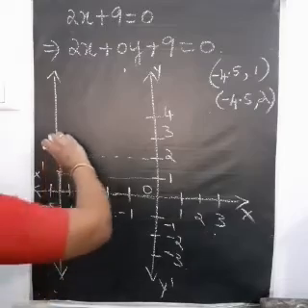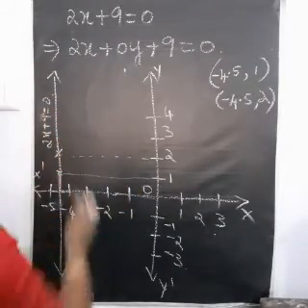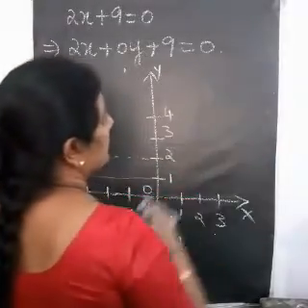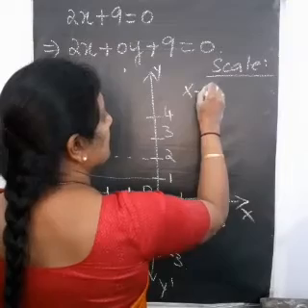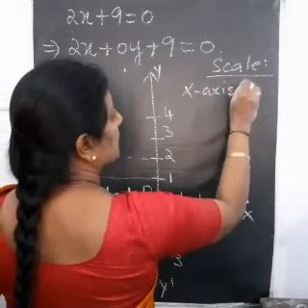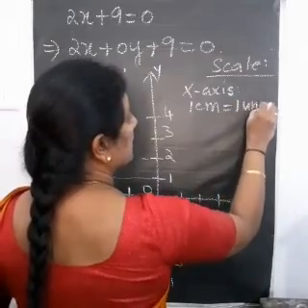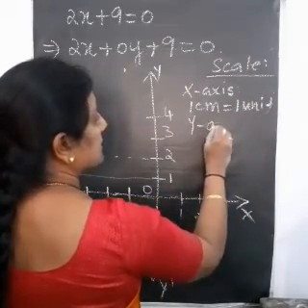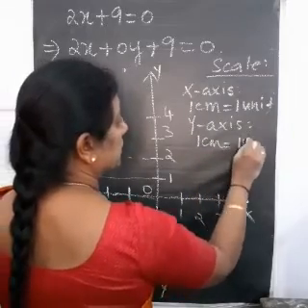Here once again write the equation of the line 2x plus 9 equal to 0 and write the scale. Scale also has to be written. Scale: x-axis 1 centimeter equal to 1 unit, and in the y-axis 1 centimeter equal to 1 unit.